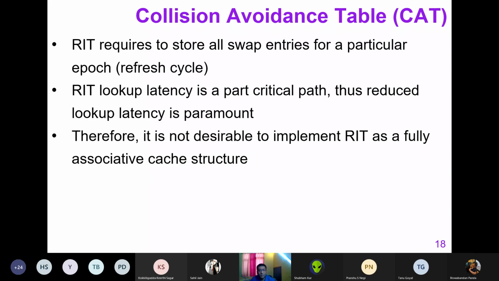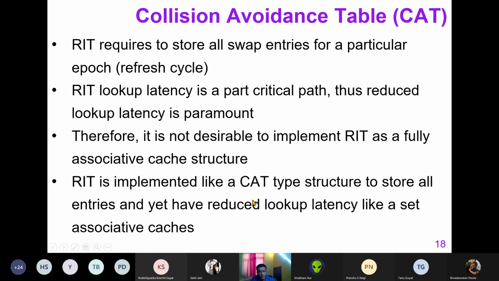So they are using one collision avoidance table, that is CAT, which is a fully associative cache structure, and this is one of the implementations they used in another paper, so they have taken the reference from there. So RIT is implemented like a CAT structure to store all entries and yet reduce lookup latency like a set associative cache.